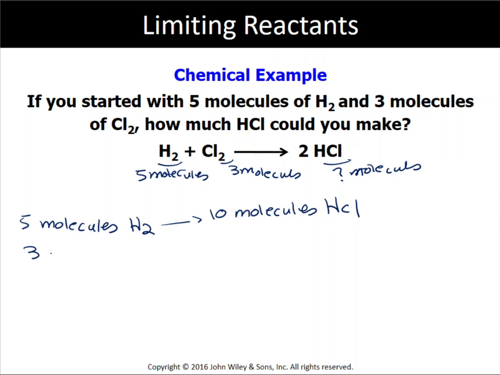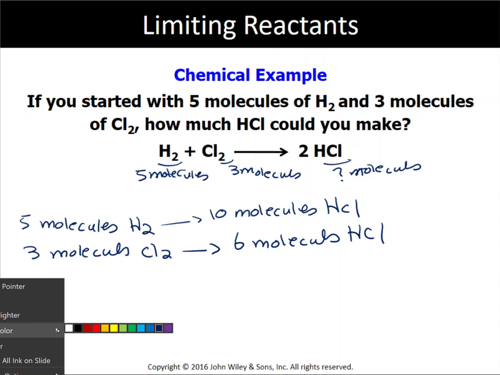Now, for that 3 molecules of Cl2, I would expect only 6 molecules of HCl. So based on the initial quantity of the reactants, I found out how much product I could get. Now, just the fact that I don't end up with the same number of HCl molecules tells me that one reactant here is limiting, the other one is excess.